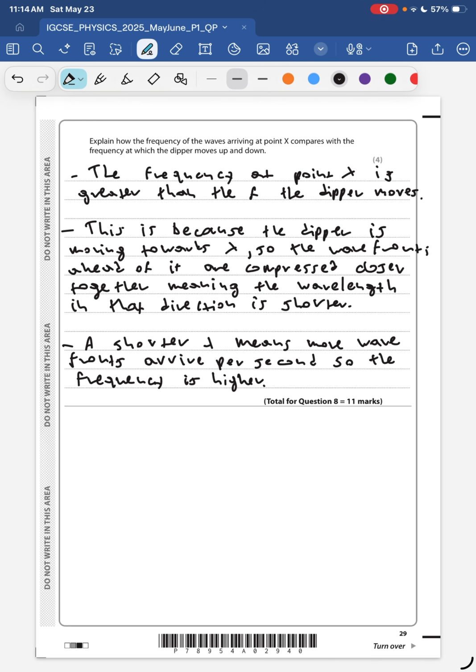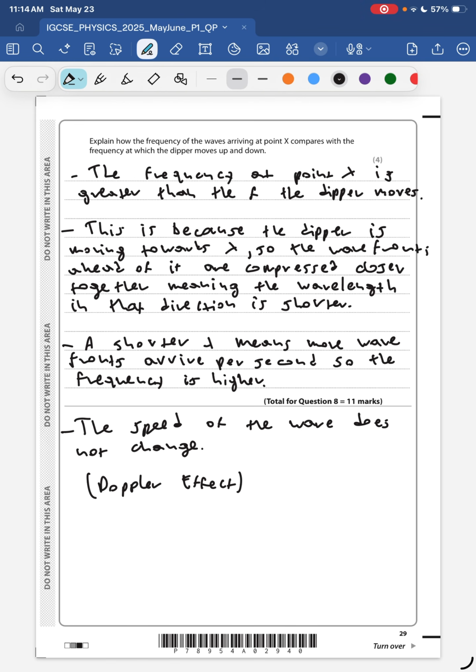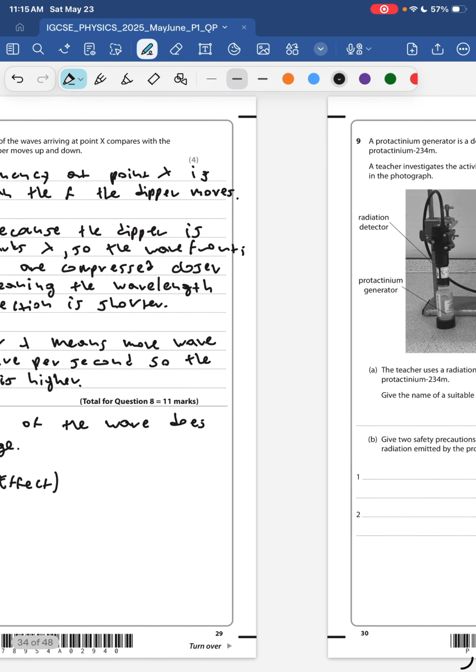The speed of the wave, though, does not change. Only the wavelength. So this is actually the Doppler effect, in case they don't tell you. I think they probably tell you at school, but this is the Doppler effect. All right, let's move on to the next question.